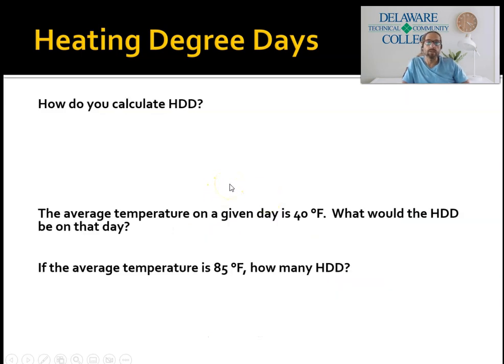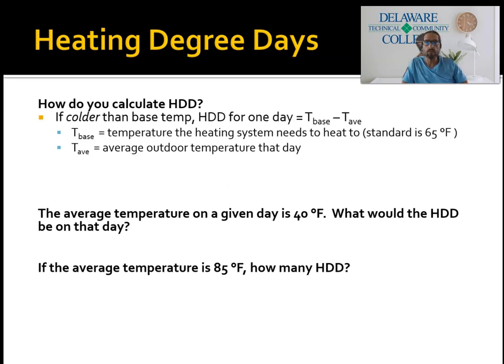And how do you calculate it? It's actually really simple. If you take the average temperature and it's colder than your base temp, so colder than 65 for residential, all you do is subtract the average temperature from the base temperature. I'll go over an example here.